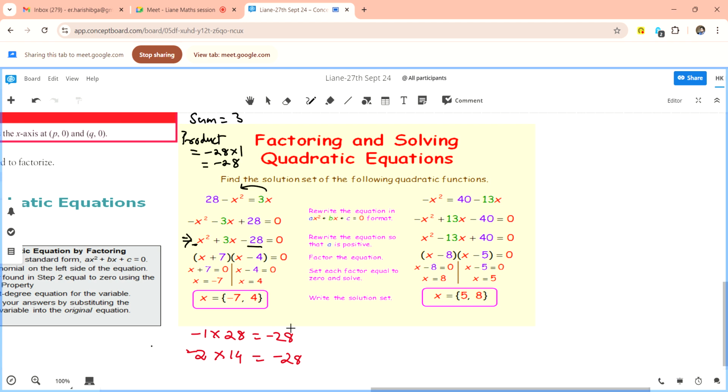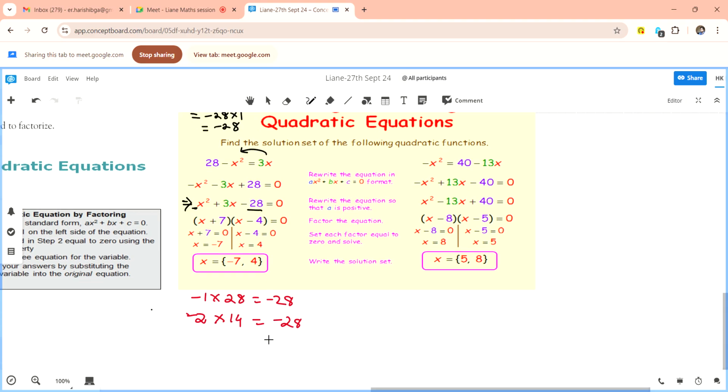We don't have 28 in a multiple of 3. Do we have it in 4? So let's check. If I do minus 4 times what? 4 5s are 20, 4 6s are 24, 4 7s are 28. So if I do minus 4 times 7, I'm going to get again minus 28.